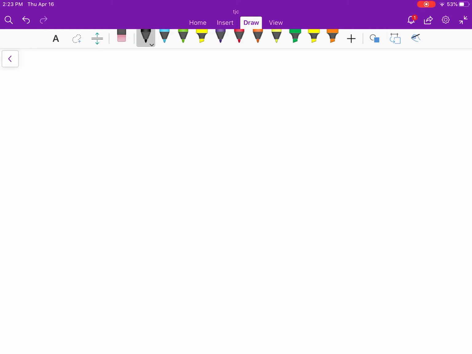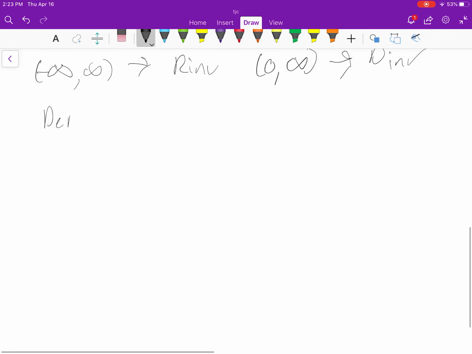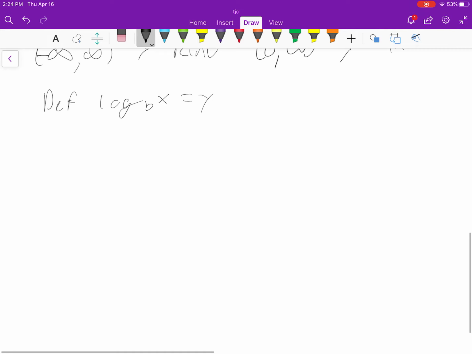Well, how do we define these? What's the definition? Do we have a definition for the inverse? Well, the definition of a logarithmic function: log base b of x equals y.